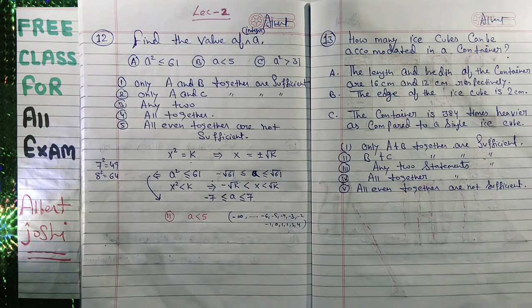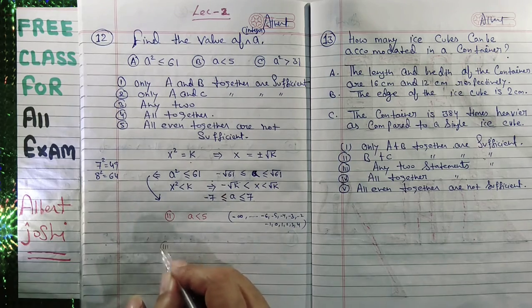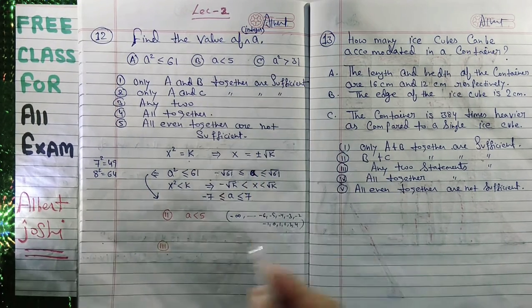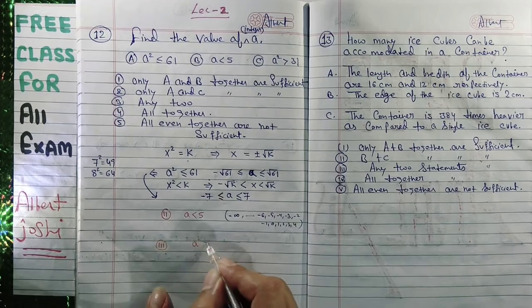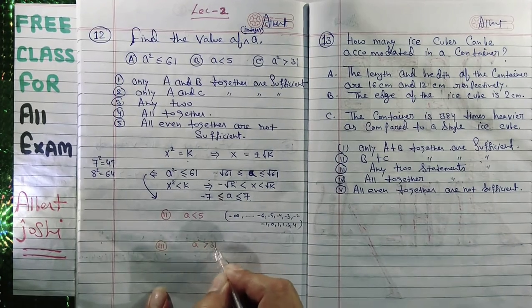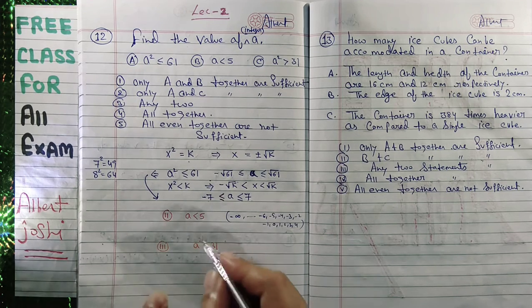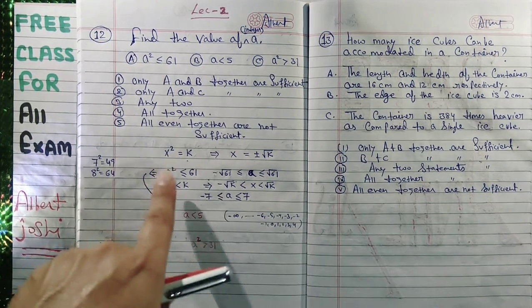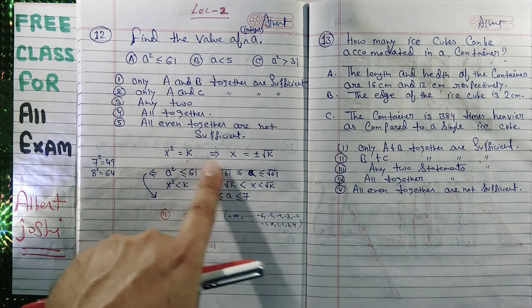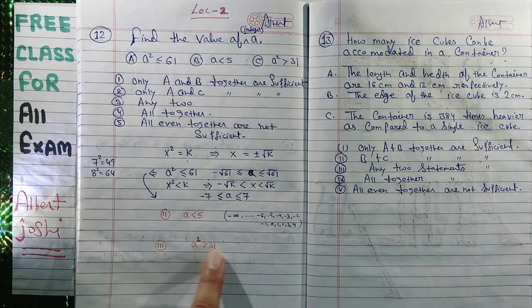Now in the third case, a square is greater than 31. Similarly to how we wrote x square here, we will write this one.